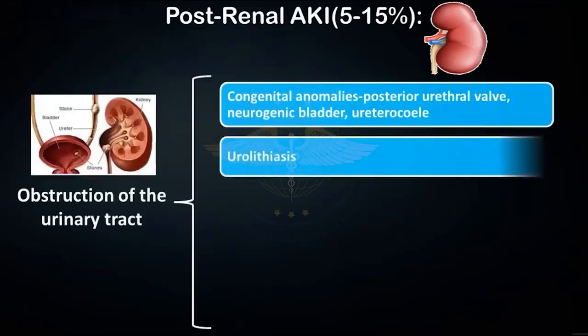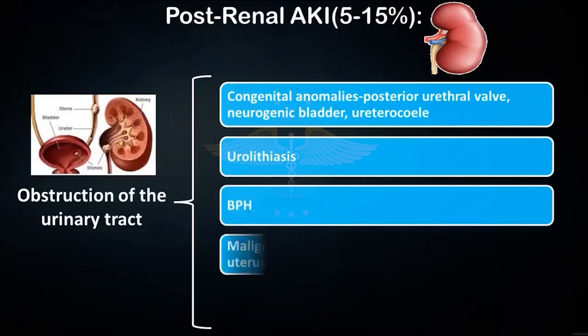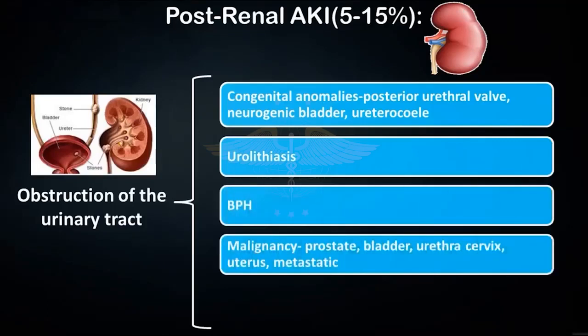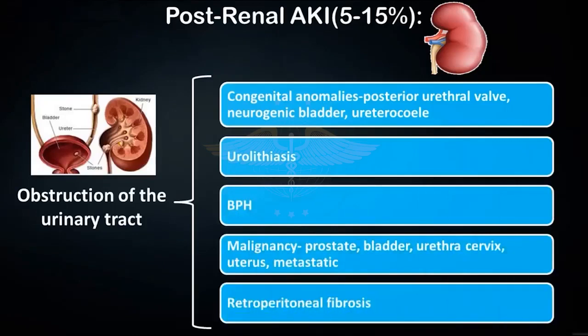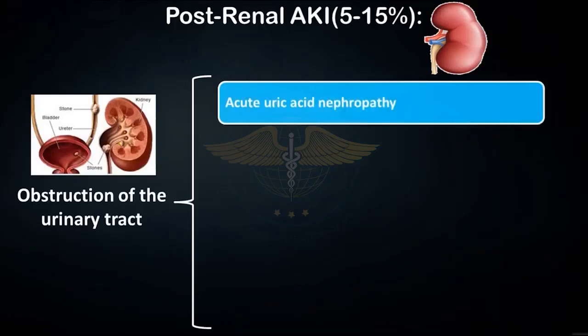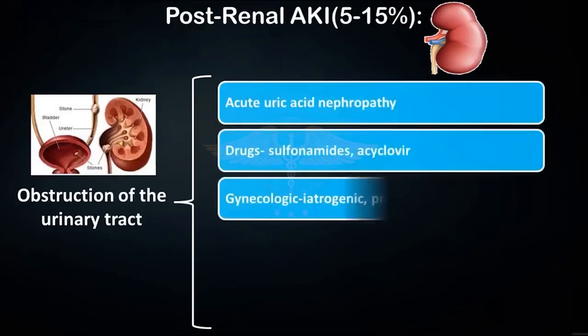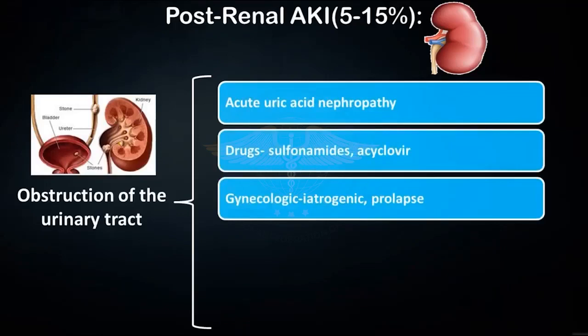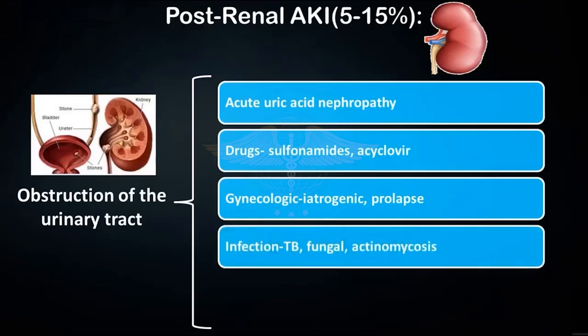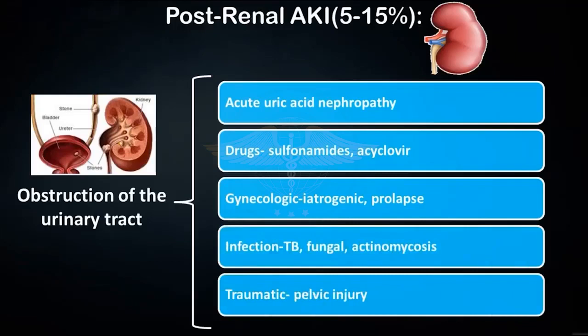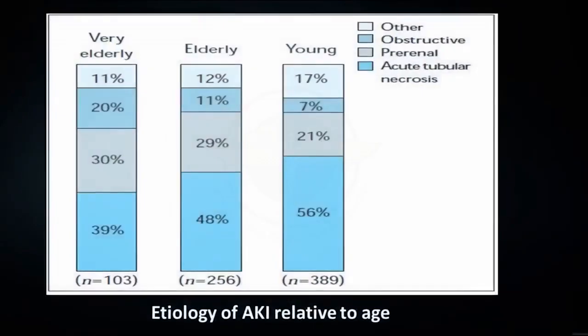It can be seen with kidney stones, enlargement of the prostate, malignancies of the prostate, bladder, urethra, cervix, uterus, and other metastatic cancers, retroperitoneal fibrosis, acute uric acid nephropathy, certain drugs, gynecological causes like inadvertent ligation of the ureters during surgery, uterine prolapse, and certain infections like TB, fungal infections causing fungal balls in the urinary tract, which lead to obstructive uropathy.